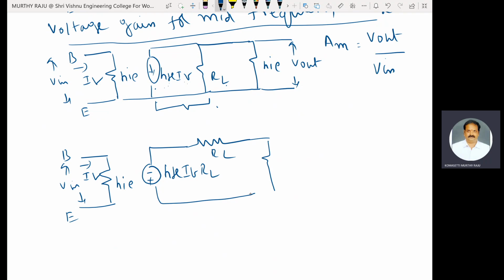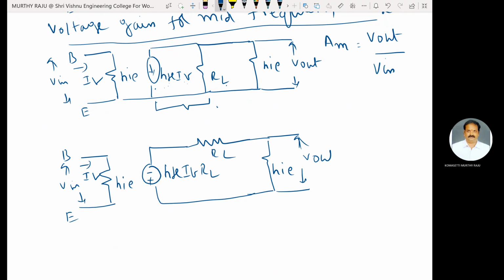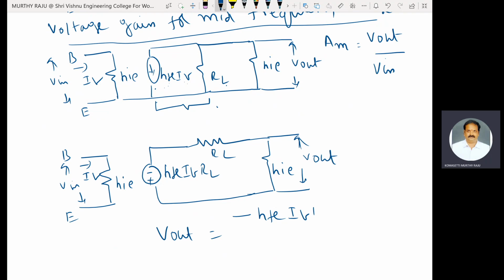This one is HIE. This one is V out. According to the voltage division rule, V out is equal to minus HFE IB RL, this voltage source value, into HIE by the sum of these two resistances, RL plus HIE.